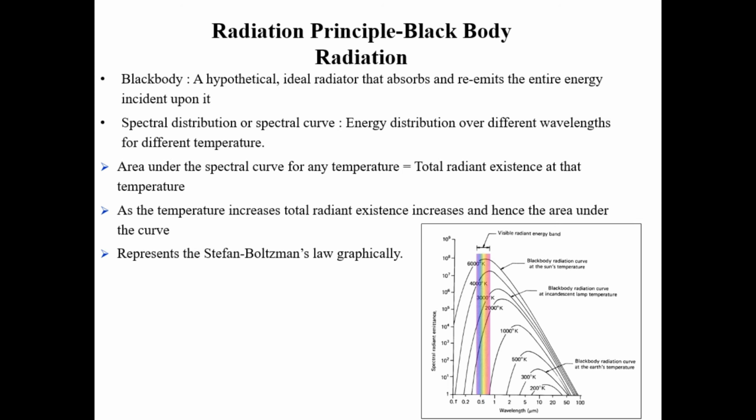What is meant by a black body? A black body is a hypothetical ideal radiator. It absorbs and re-emits the entire energy incident upon it. Total energy emitted by a black body varies with temperature. The spectral distribution or spectral curve is the energy distribution over different wavelengths for different temperatures.